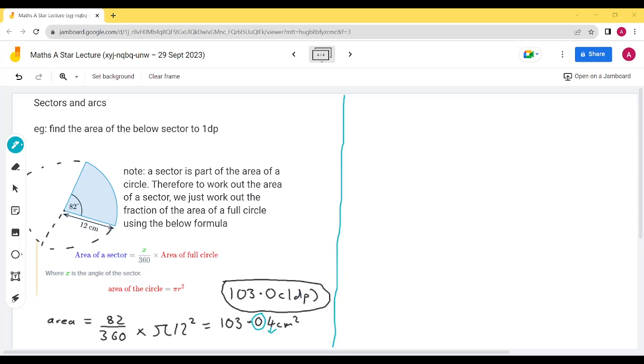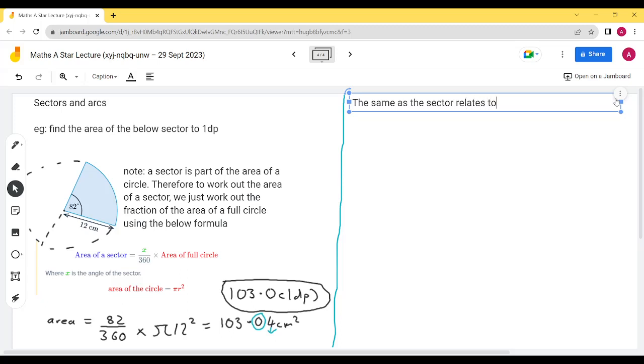Right, and then we're going to give another example here. So we're going to find the area, so I should say the same as the sector relates to area, an arc is part of the circumference.